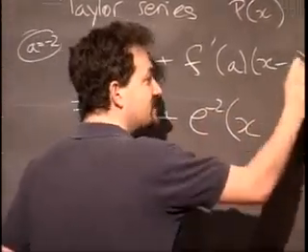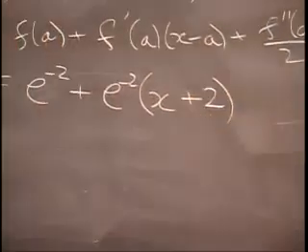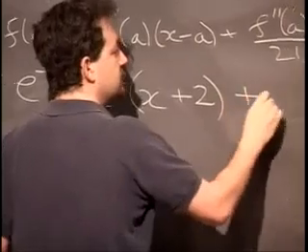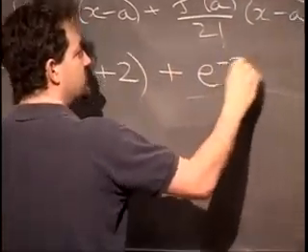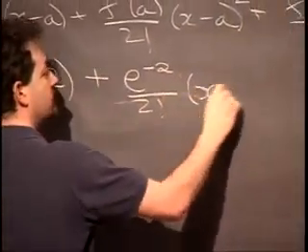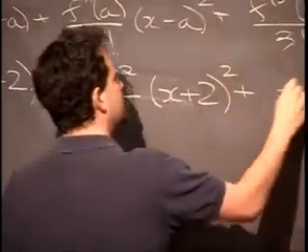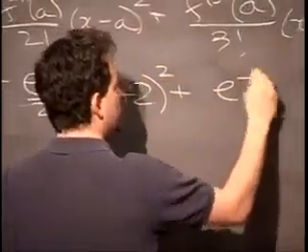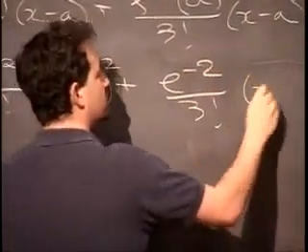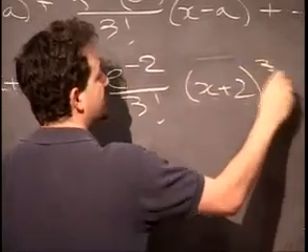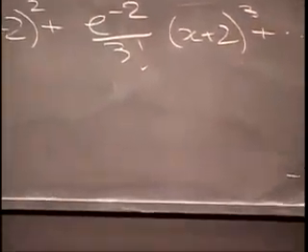X minus minus 2 is actually plus 2. Plus e to the minus 2 over 2 factorial, x plus 2 all squared. Plus e to the minus 2 over 3 factorial, x plus 2 all cubed. And so on. And that's the Taylor series.